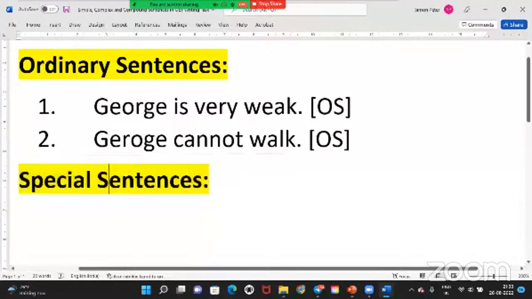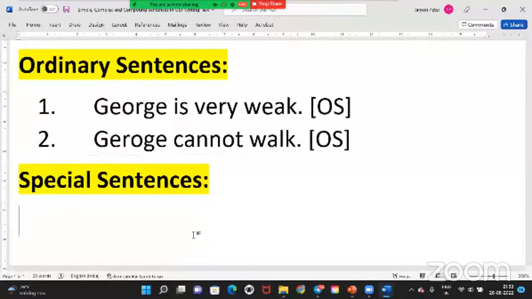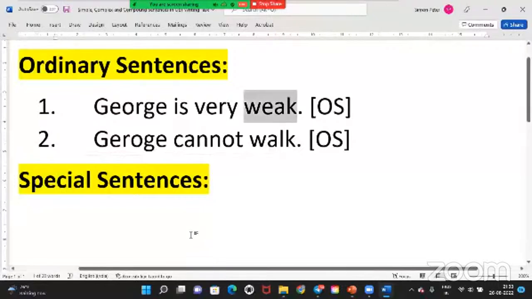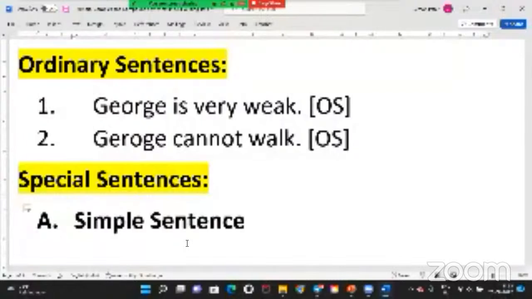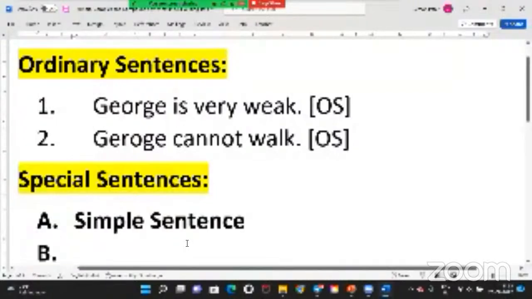Now let us see. They are considered into three types. Number one is A, simple sentence. Oh, simple sentence is an ordinary sentence? No, simple sentence is a very special sentence.